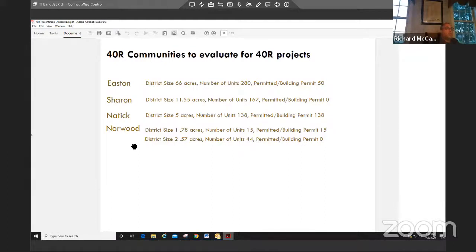Natick is a similar size site comparably to us. And Sharon obviously is a much larger site, as well as Easton, and that gives you an idea of some comparisons to look at. And again, that would be something to consider if the town decided to move forward with a 40R district.